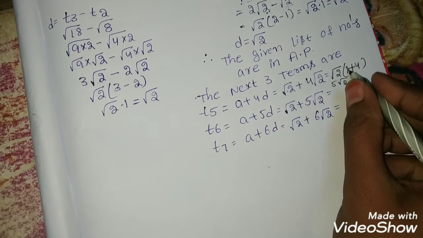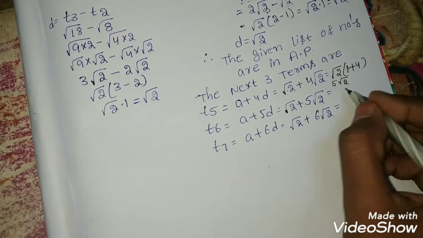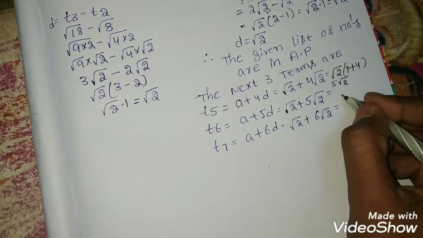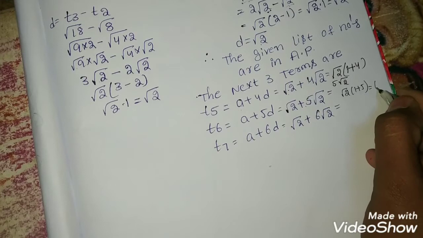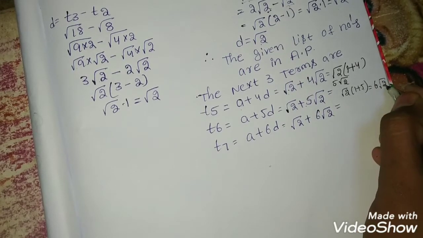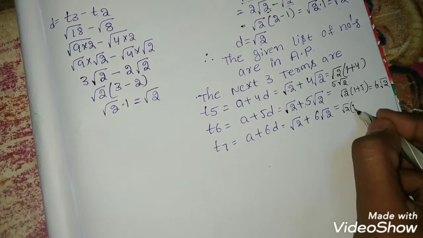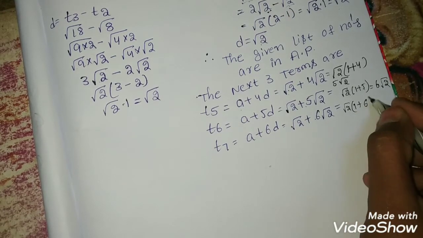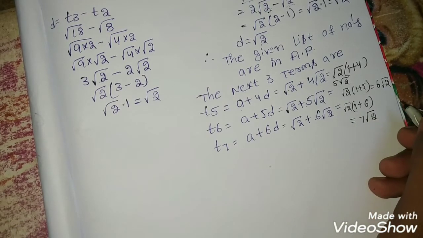The term 5 is 5 root 2. Next, what is term 6? Term 6 again root 2 into (1 plus 5), we get 6 root 2. And here root 2 is common, and 1 plus 6 we get 7 root 2.